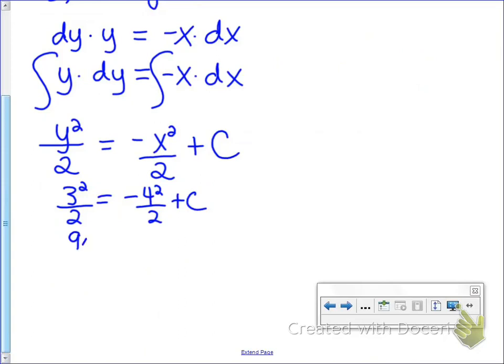Nine over 2 equals negative 16 over 2 plus c. I'm going to leave it as a fraction on the right side on purpose so I can just add it to the other side, keep the common denominator the same, and I'm done with finding c. I'll add 16 over 2 then to the left to solve for c.